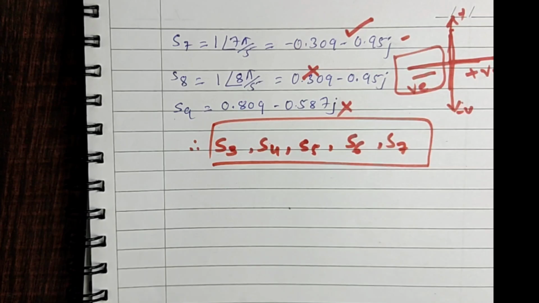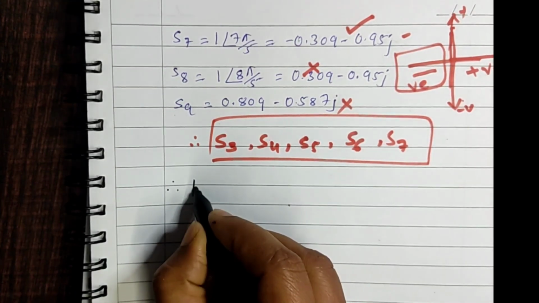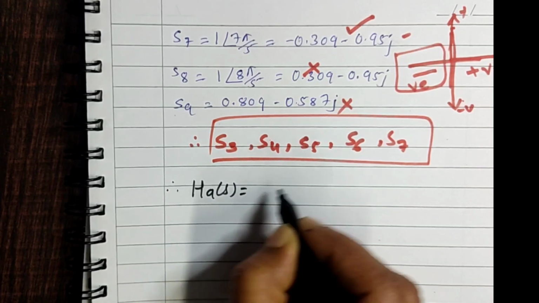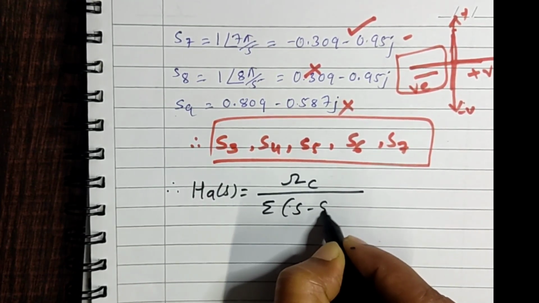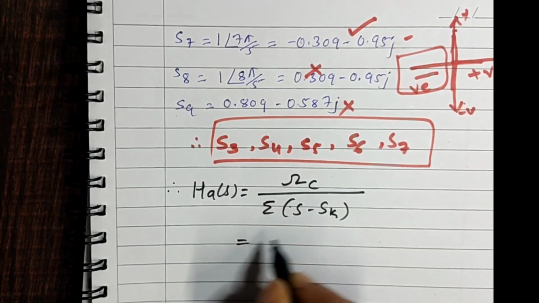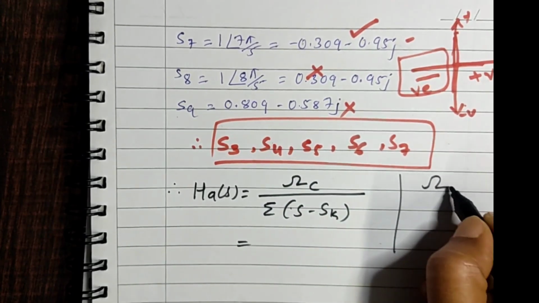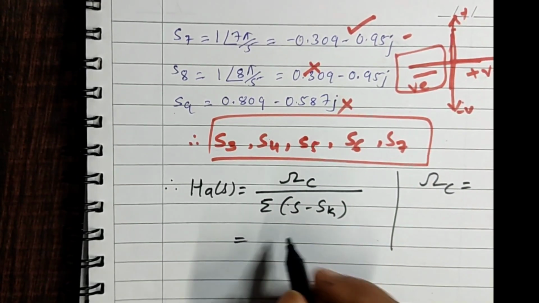According to the formula, HA of S is equal to omega C divided by the product of S minus SK. So we need to calculate omega C. We will calculate it later.